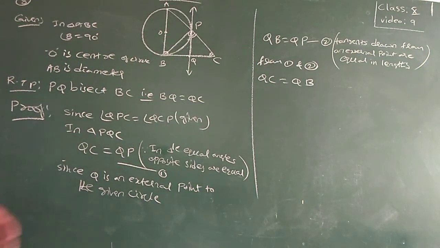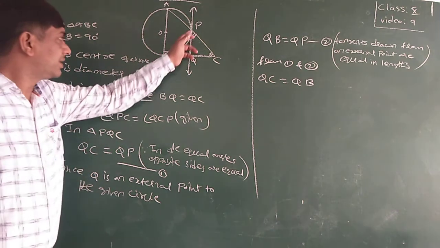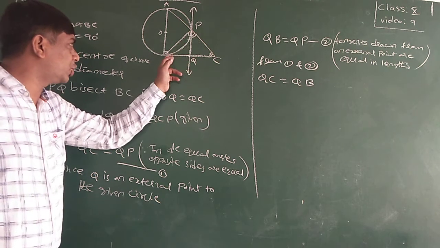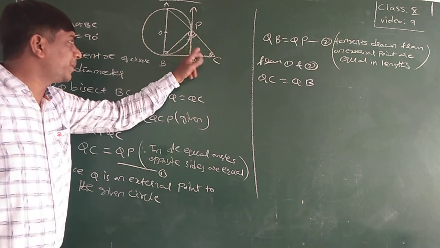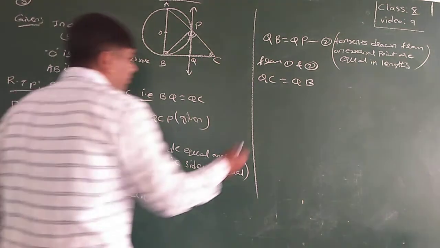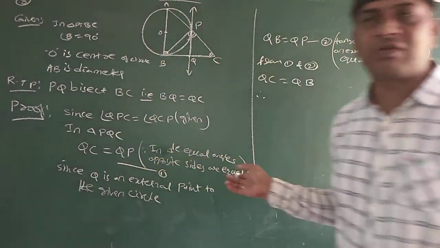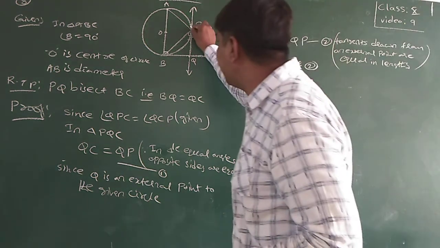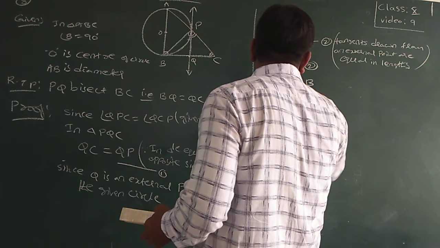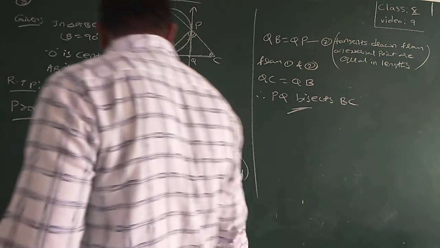In the first equation QC and QP are equal, in the second equation QB and QP are equal, and QP is common. That means QC is equal to QB. Therefore, BC is divided into two equal parts by PQ. Therefore, PQ bisects BC.